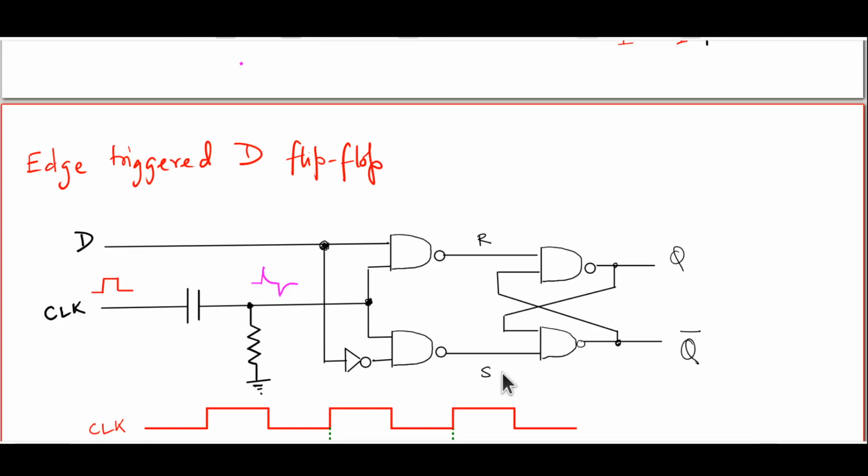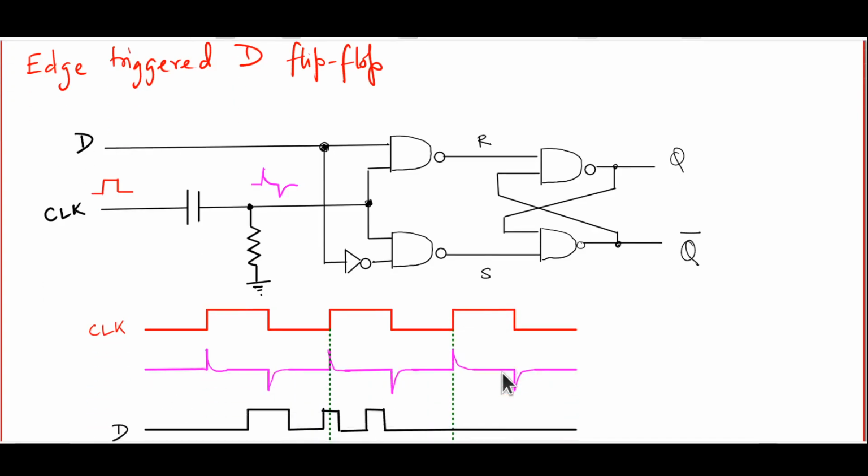So what will happen is, despite the fact that the actual clock signal is a square wave which stays high for quite a long time, the signal which the circuit actually gets is very sharply spiked, and only during the leading edge of the clock signal will the output get a chance to change. So that has been illustrated in this timing diagram here.